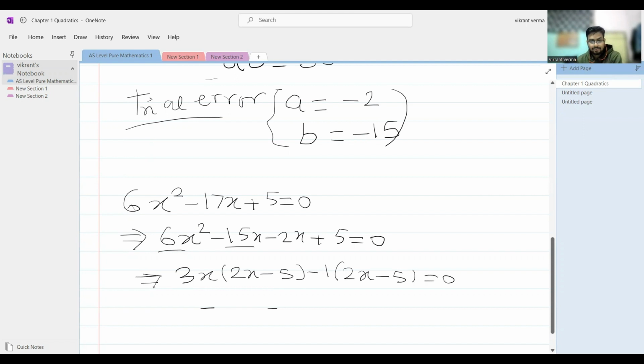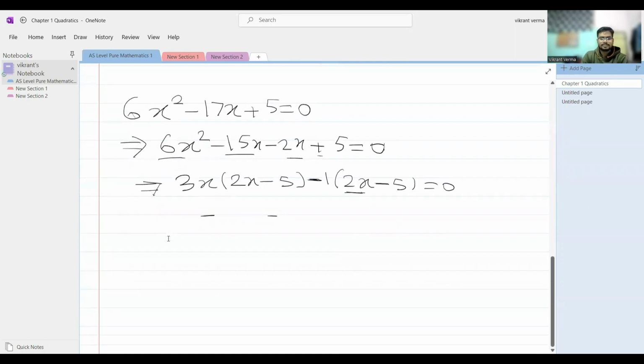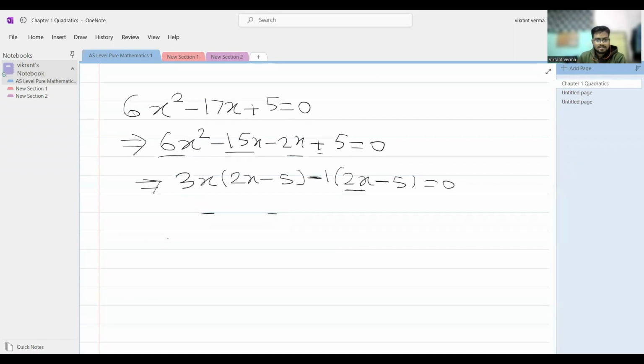Because when this minus 1 will multiply with minus 2x, and when this minus 1 and this minus 5 are multiplied, it will become plus 5. So now we have pretty much done this entire thing.